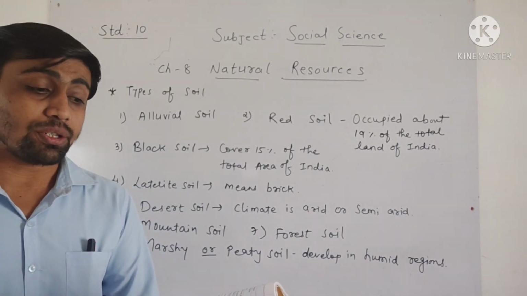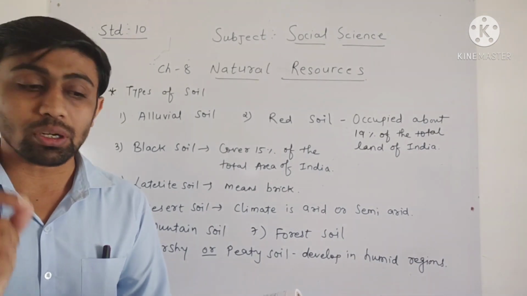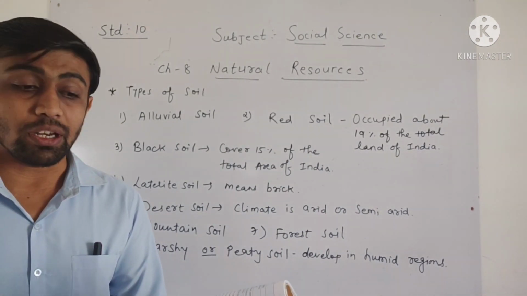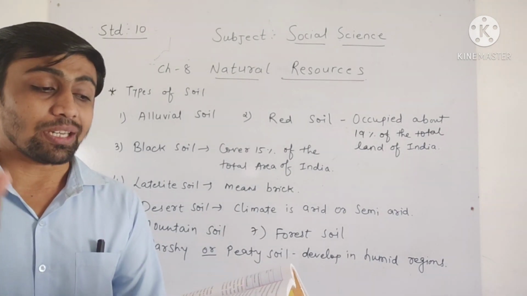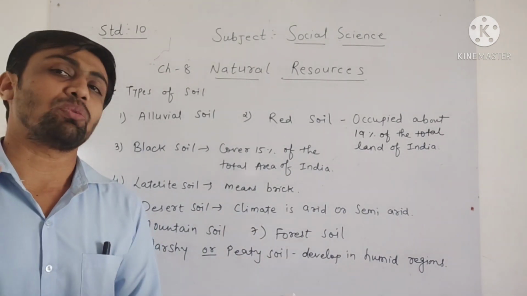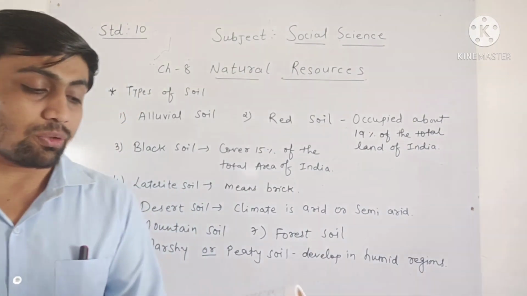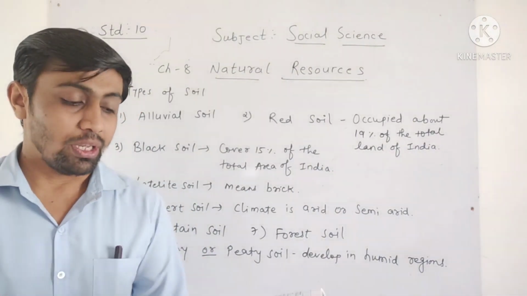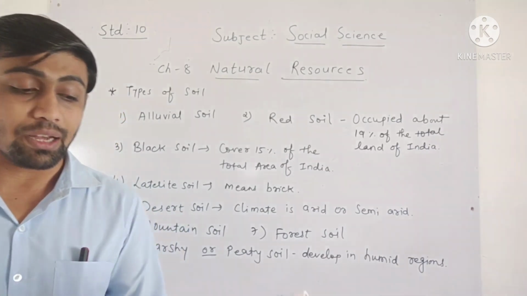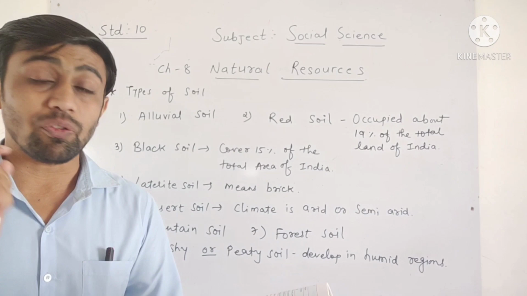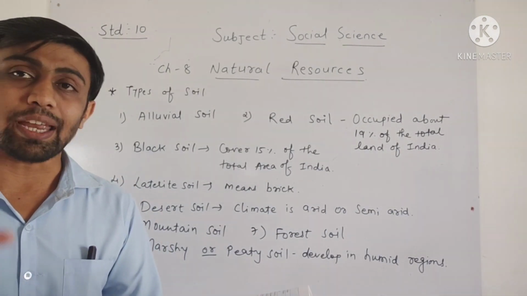What is the soil, dear children? You know very well that the uppermost layer of the crust of the earth is called soil, and it contains the mineral and biotic elements which are necessary for the growth and development of vegetation. After that, dear children, in the previous lecture we have learned about the types of soil, and you know very well that according to ICAR, the Indian Council of Agricultural Research, the soil of India is divided into 8 types.